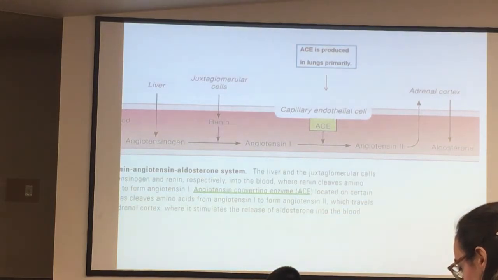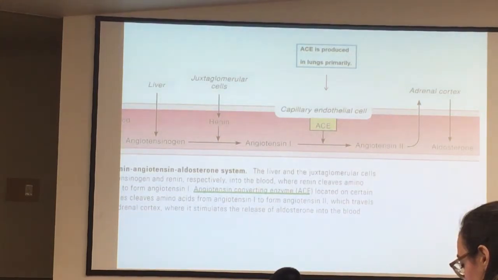Aldosterone will reabsorb more sodium chloride and more water, and so build up the volume. And here, from the beginning, renin is released because the blood volume decreased. They sense that we lost blood volume.